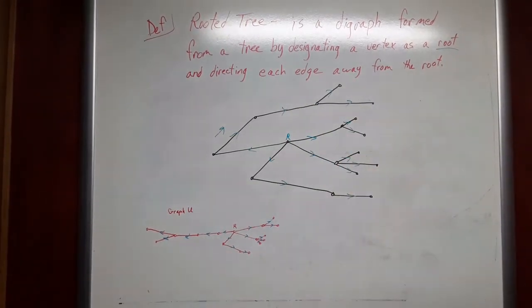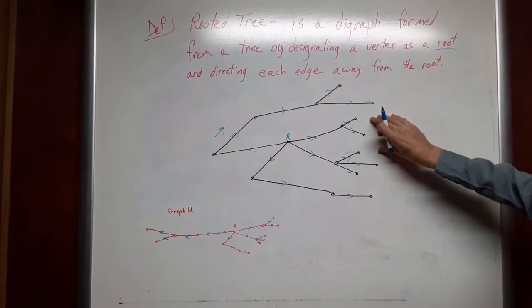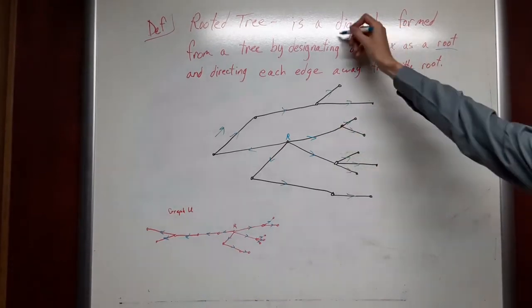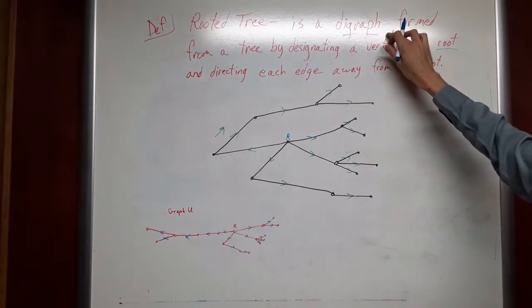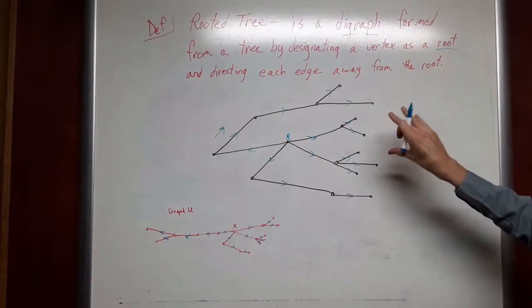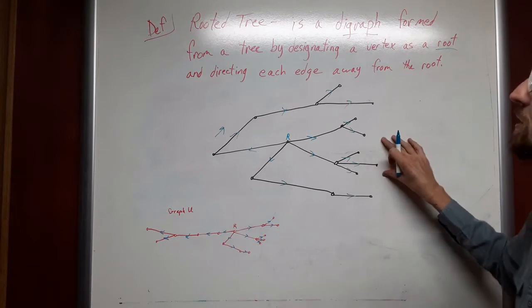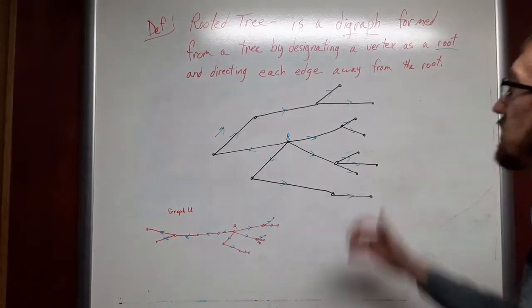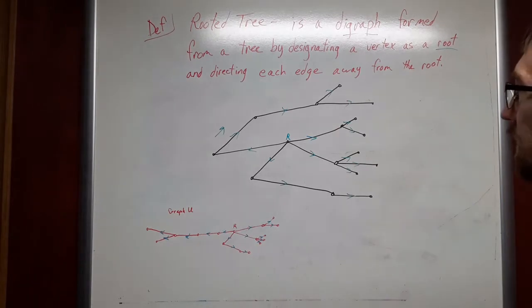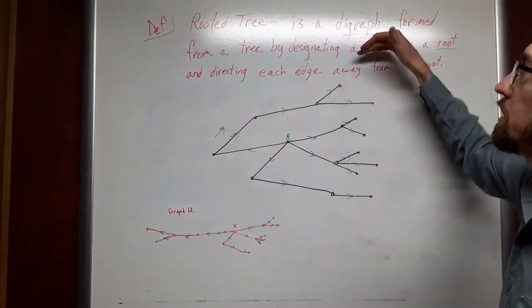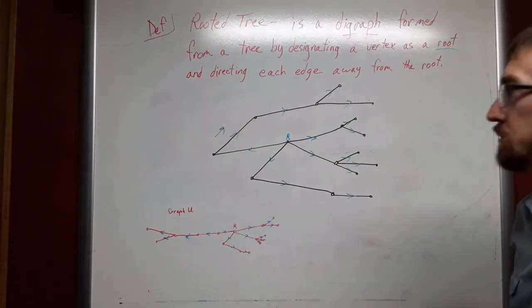And so we have, by definition, created this rooted tree, which is a digraph. It's a directed graph, but it's specifically a tree graph because it fits the definition of tree. This is a way to help us explore if we really understand and can use the definition.